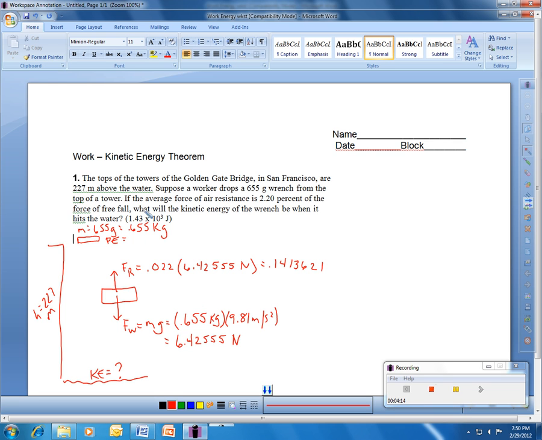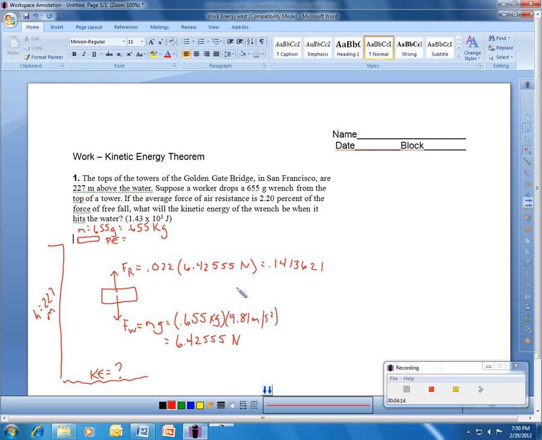Because we are doing work, the air resistance is doing work on this wrench, the weight or gravity is doing work on this wrench, we are going to try to find the net work done on this wrench. Well, we know that work is force times distance. Each of these forces is doing work, so I could solve for the work that the air resistance does, the work that the weight force does, and then get the net work.